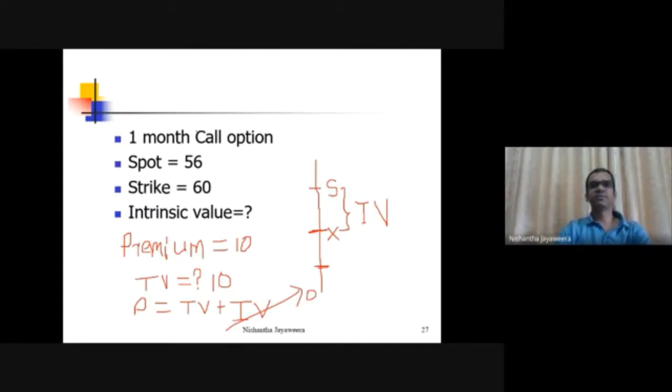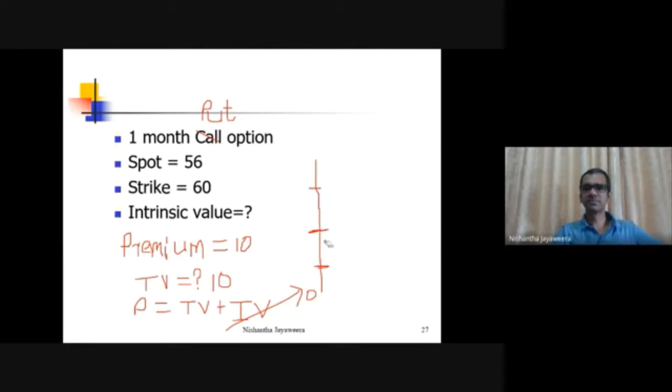Okay, what would happen if it is a put option instead of a call option? If it is a put option, what is the intrinsic value? Okay. Sorry? Oh, 4. Why?